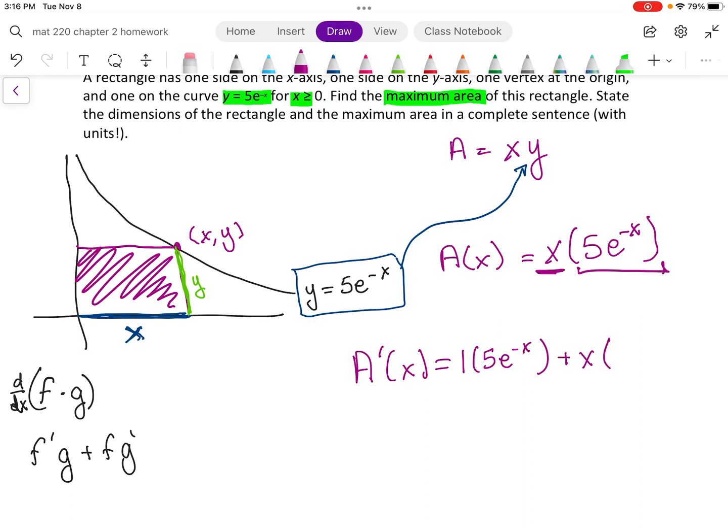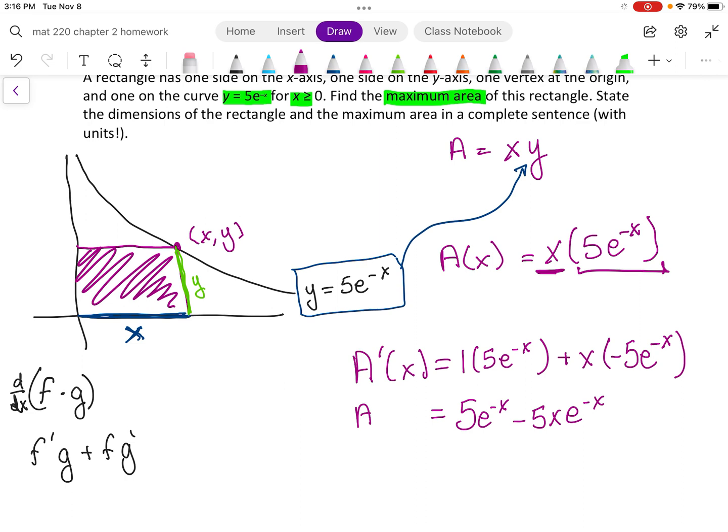That is a little bit of chain rule because I have an inner function there with that negative x, and that derivative would be negative 1. So I'll have negative 5e to the negative x power. I'm going to rewrite this to be a little cleaner: 5e to the negative x minus 5x e to the negative x.